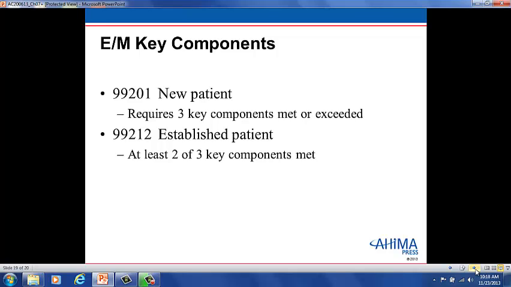In the 99212, an established patient, it states that for established patients 2 of the 3 key components are required. So once 2 of them meet the level of key components, you would have your level of service there.